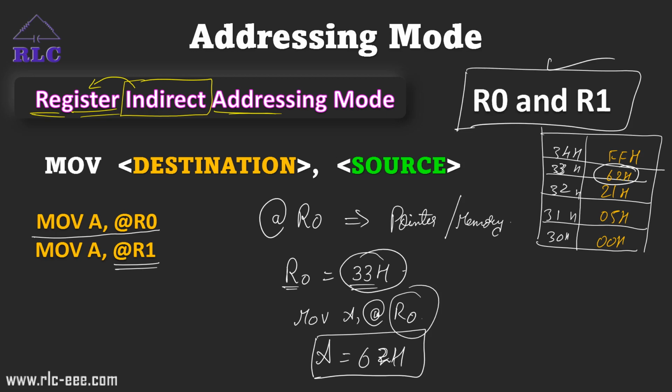We cannot use R2, R3 like that. We can use only two registers as a pointer. Now, here in this example, we have taken @R0 as the source. We can interchange it, that is, the destination can also be a pointer.